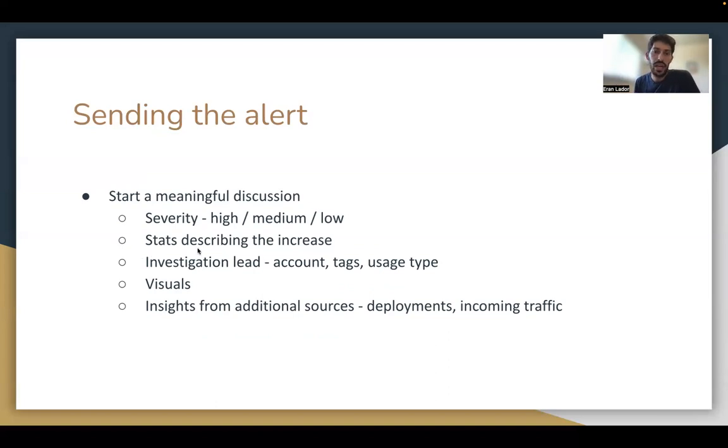Which accounts, which tags, which usage type, and so on. Visuals are a really great tool for that. And if you can add insights from additional sources, that would be wonderful, like from your deployment log, or correlation with incoming traffic that increased, that might explain why this system's cost increased.